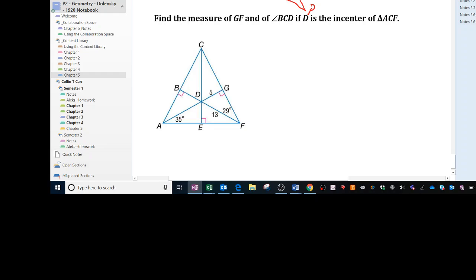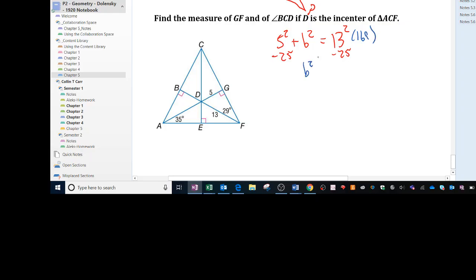Pythagorean theorem, okay? So I'm going to take the 5 squared plus the b squared, and again, it doesn't matter the order, equals 13 squared. So I'm going to subtract 25 from both sides. Just in case you don't know, that's 169.